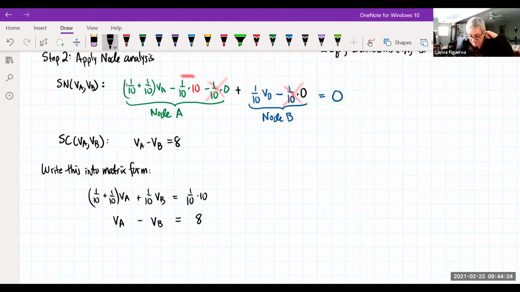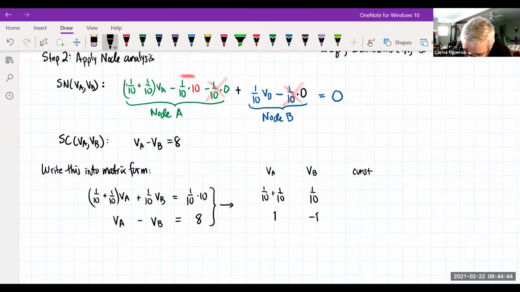So when I put this into matrix form here, what you're seeing is that I'm writing 1/10 plus 1/10, 1. Then I have 1/10, minus 1. So here are my VA terms, here are my VB terms, and then here are my constant terms. And my constant term on this side is going to be 1/10 over 10, which is of course 1.